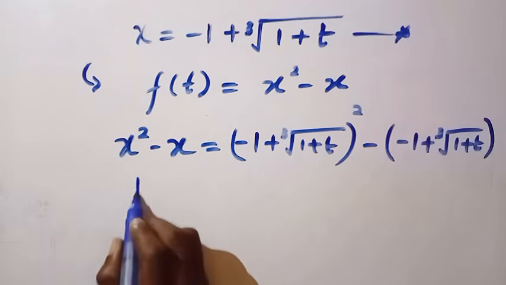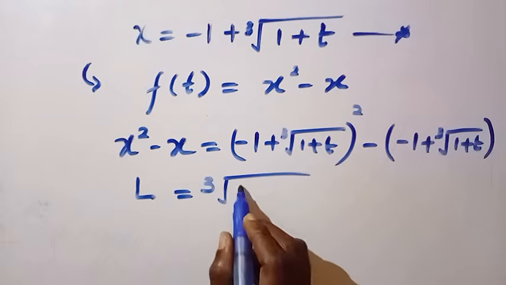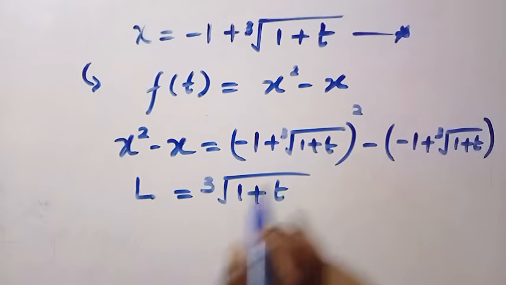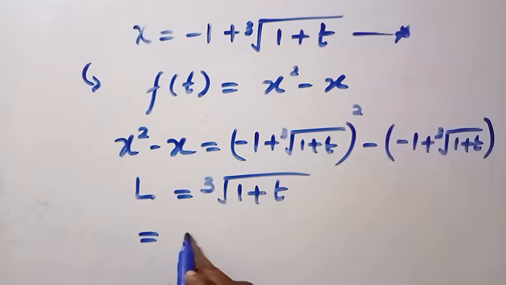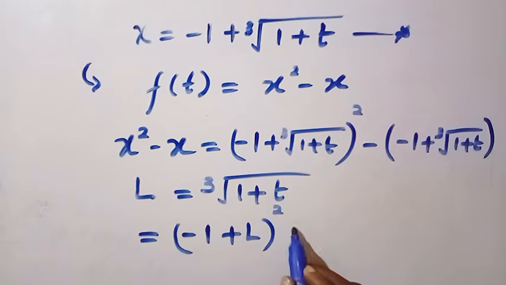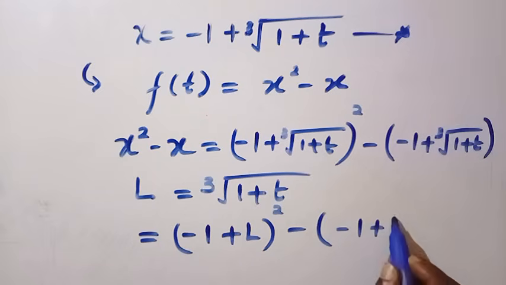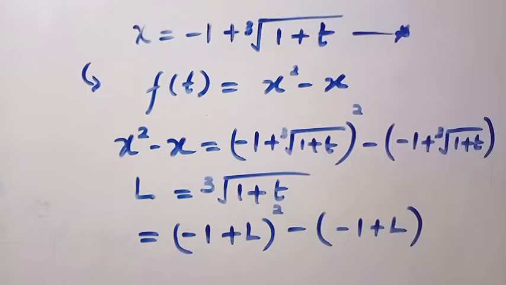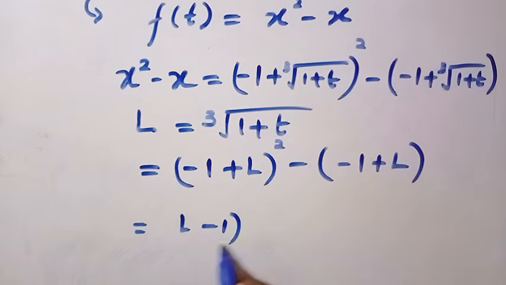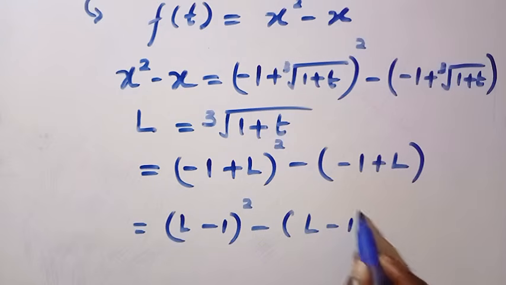If I let L equal the cube root of 1 plus t, this becomes (minus 1 plus L) squared minus (minus 1 plus L), which we can rewrite as (L minus 1) squared minus (L minus 1).